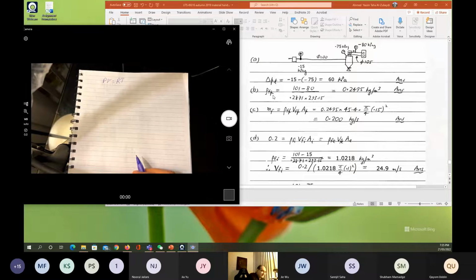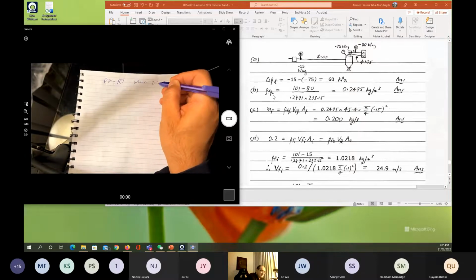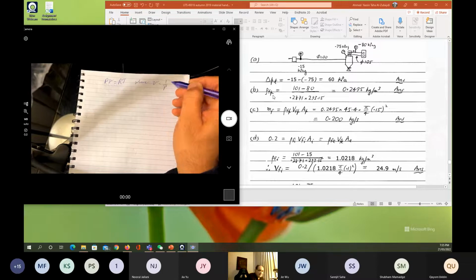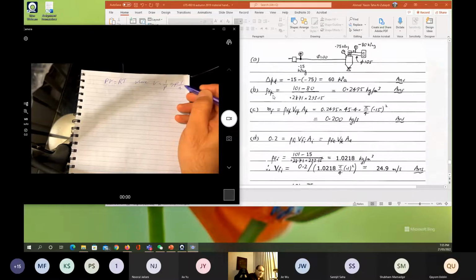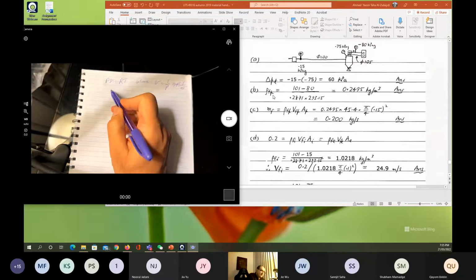You know that V is equal to 1 over the density, and thus the density is going to be equal to 1 over V. Now try again to rearrange this equation to find the value of 1 over V.